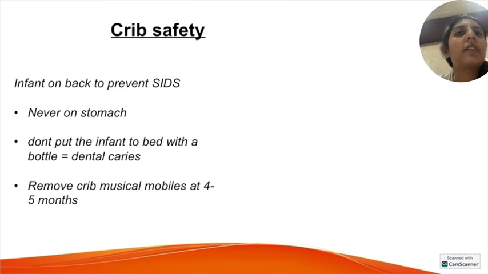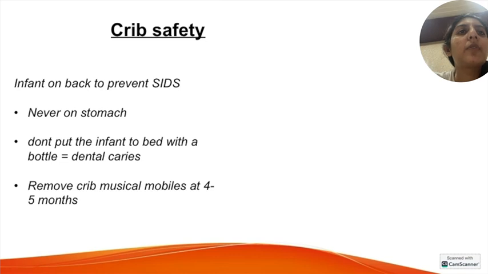Prone position means high risk for SIDS. SIDS means sudden infant death syndrome. Nothing raised should be inside the crib. Do not put the infant to bed with a bottle, as this means high risk for dental caries or cavities.